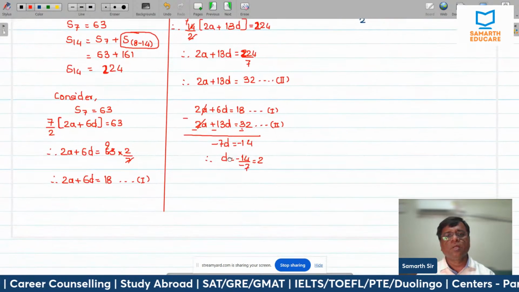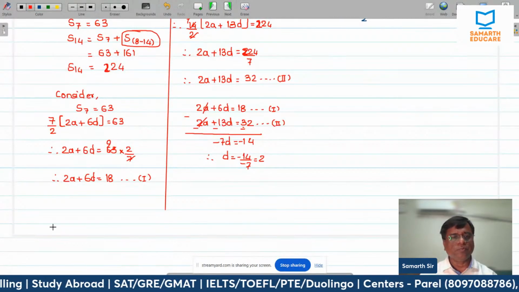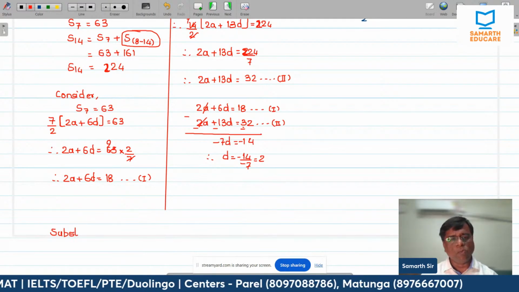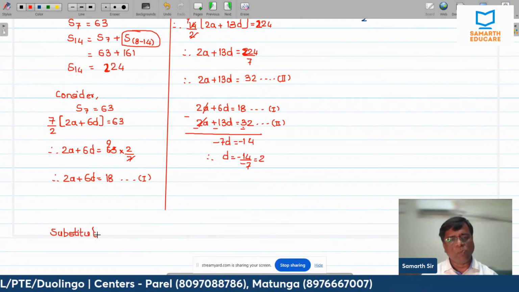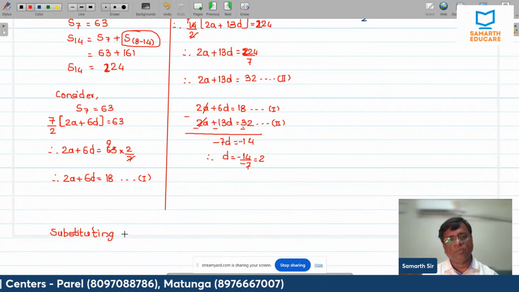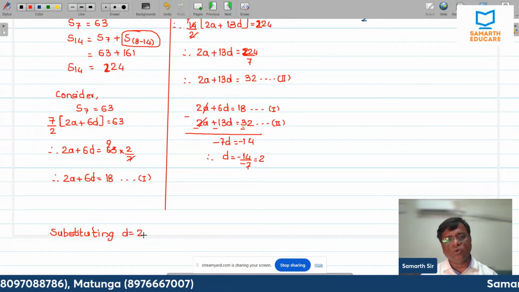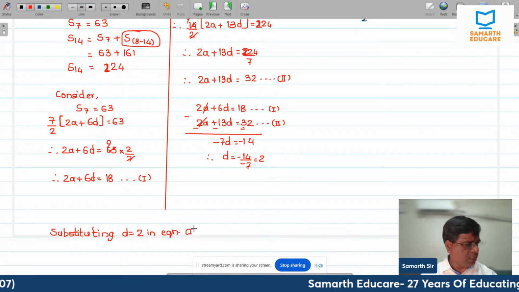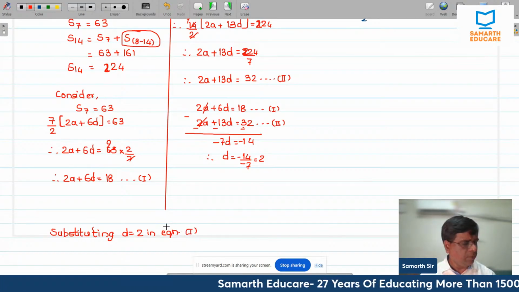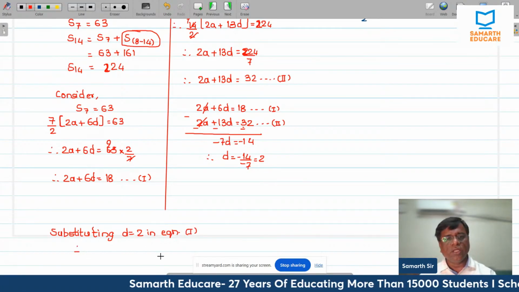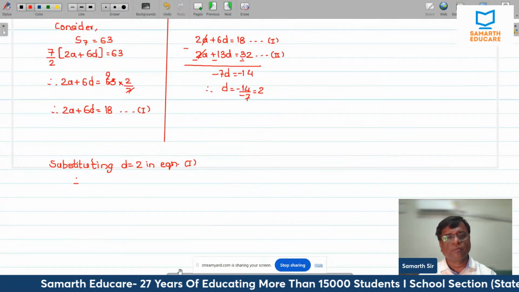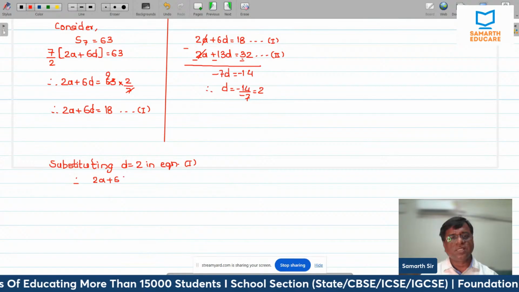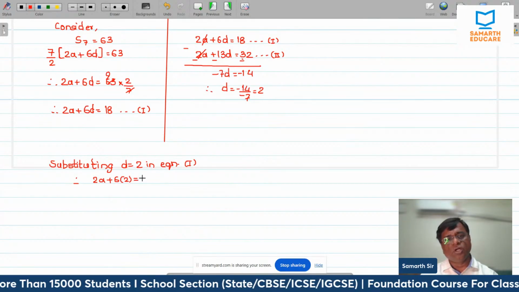Now I have to substitute d is equal to 2 in, let's say, equation 1. You can substitute in equation 1 or equation 2, anywhere. So if I substitute in equation 1, I have 2a plus 6 into 2 is equal to 18.